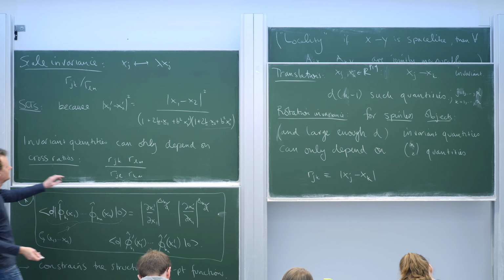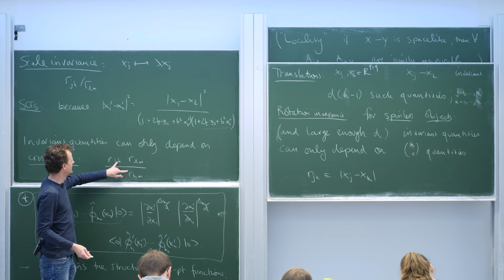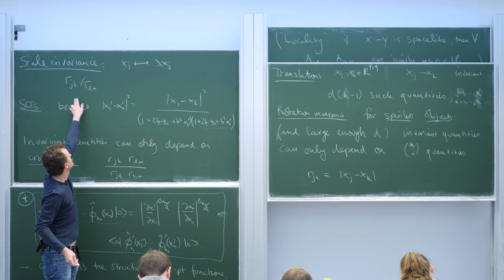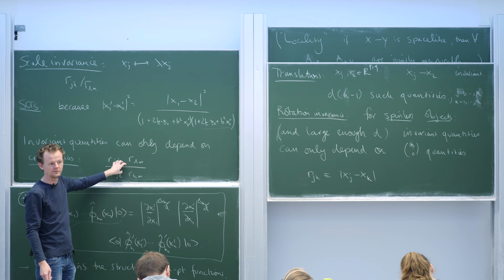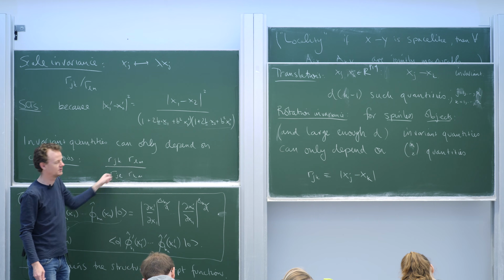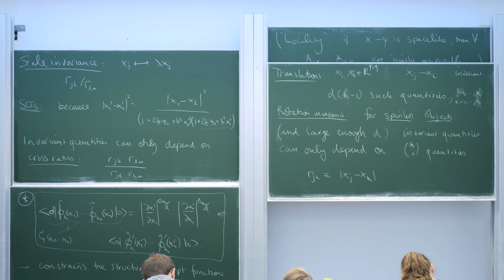And further, we must have that our quantities are functions of these ratios. So the only way you can get that to work together is to have things be functions of these cross ratios. So these are the invariants of the conformal group.